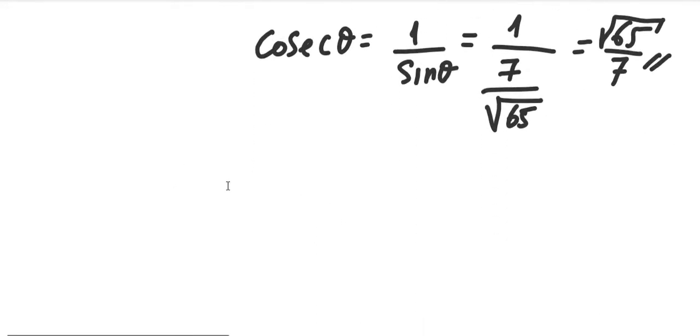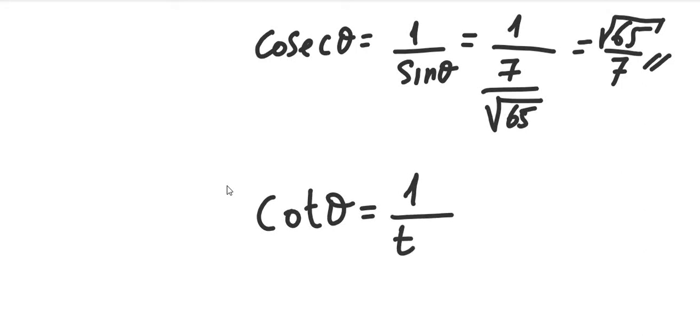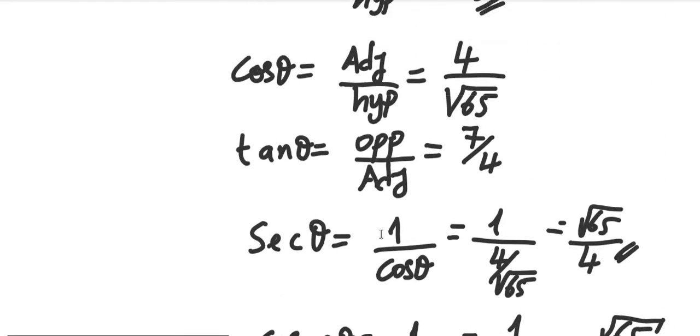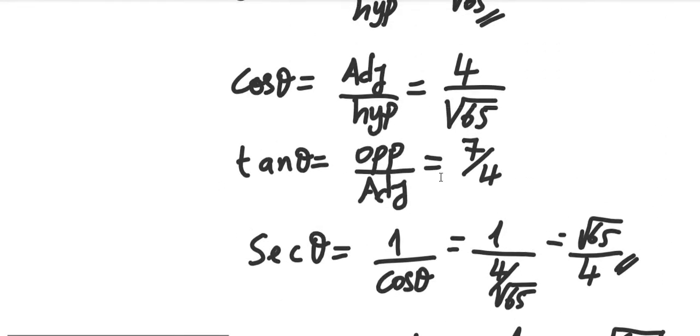Now I will calculate cot theta. Cot theta is equal to 1 divided by the tan theta, and this is equal to 1 divided by, I know that my tan theta is equal to 7 divided by 4.